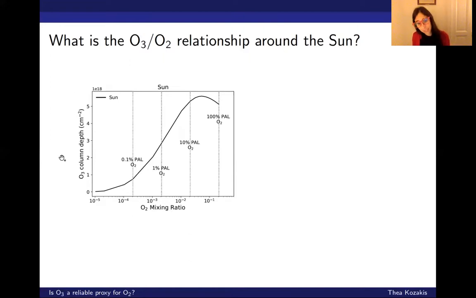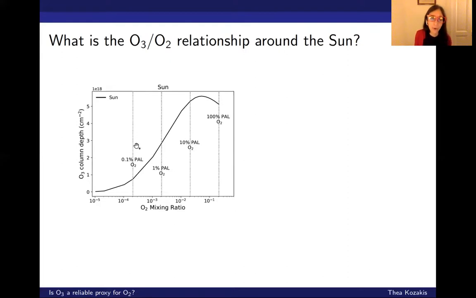And over here on the y-axis, we have a measure of the total amount of ozone in the atmosphere of each of these models. I've also marked with these vertical lines different amounts of oxygen. Again, you'll see the PAL, which is the present atmospheric level of oxygen, and you could think of these as different periods in Earth's time.